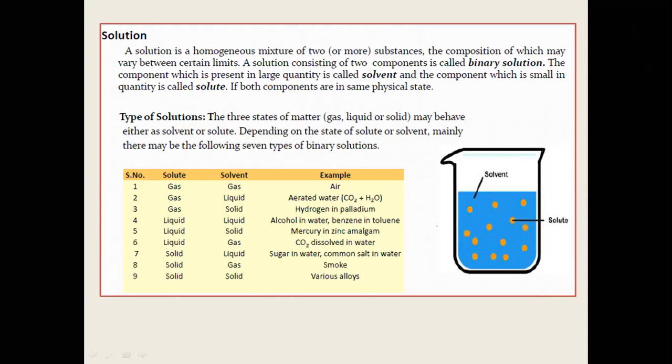You can form solutions out of any state of matter. What is our atmosphere? What is our air? It is a mixture of various gases, nitrogen, oxygen, carbon dioxide. But isn't the air homogeneous? Is it heterogeneous? No, the air is homogeneous. Therefore, the entire atmosphere is a gigantic solution of gases.